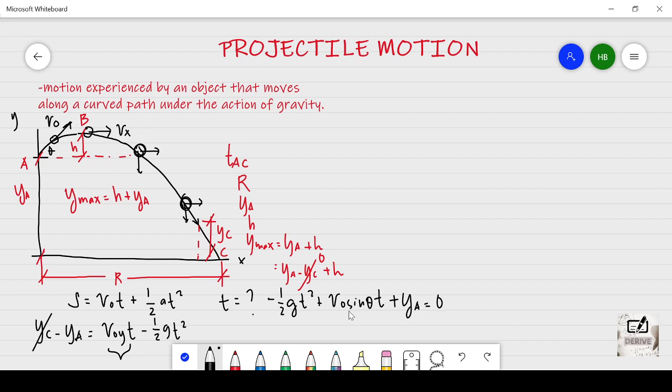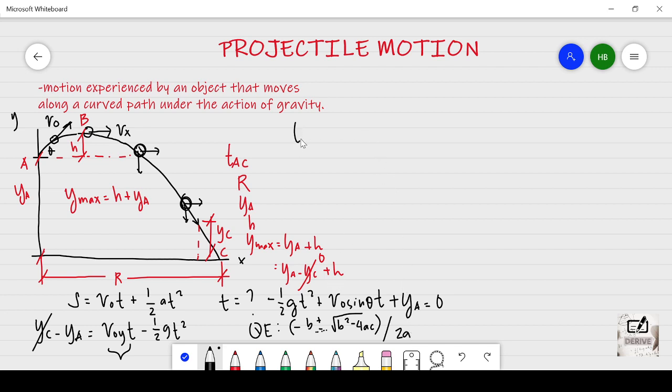So we're not going to simplify it one by one, but just use the quadratic equation: t equals negative b plus or minus the square root of b squared minus 4ac, all over 2a. That way, you will get the time.